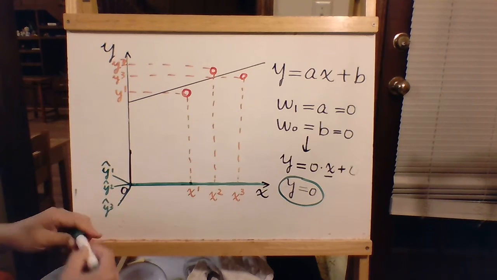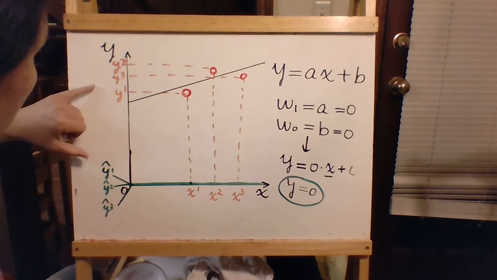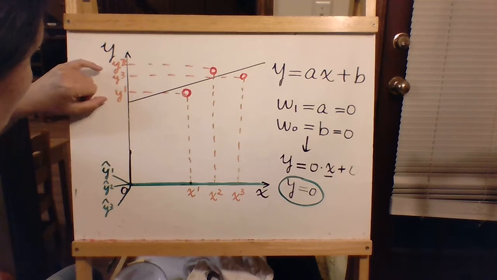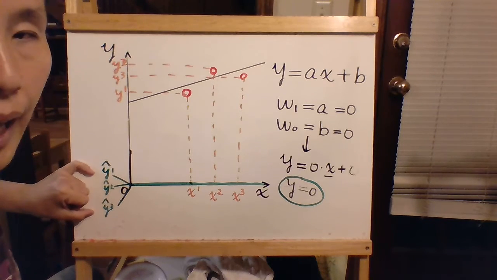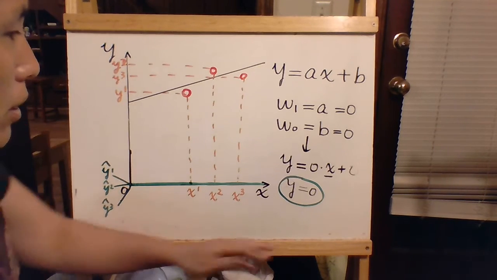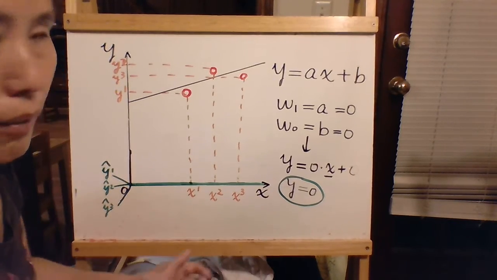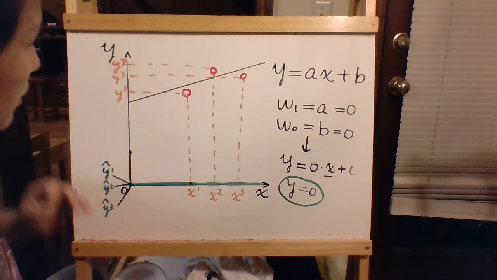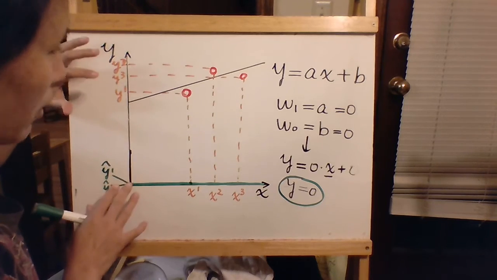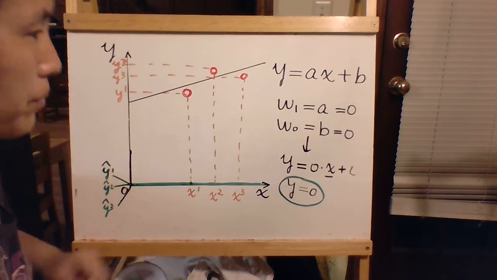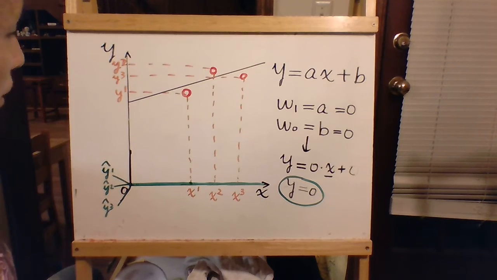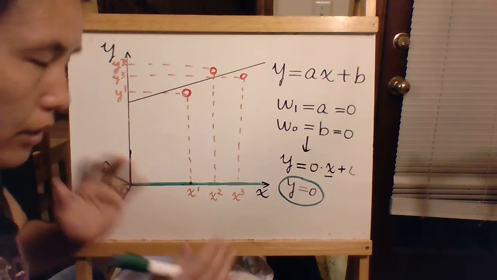Look at how far away these y values are from the y hat values. That means this simulation is not good. We have to improve it. The further away they are, the worse they are, and if they're close enough, that's good.